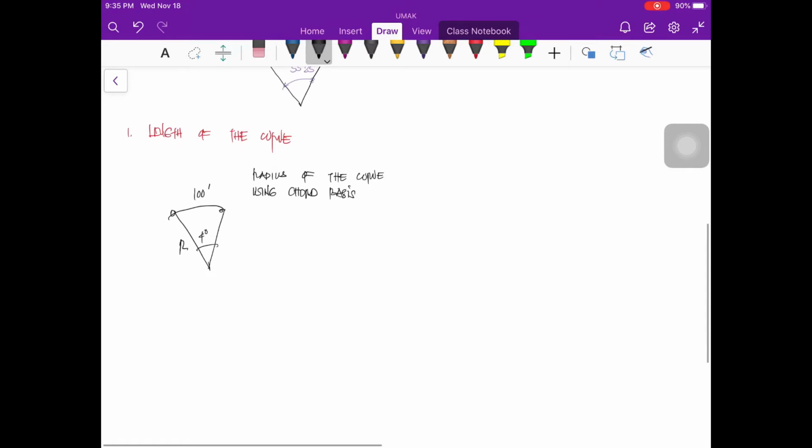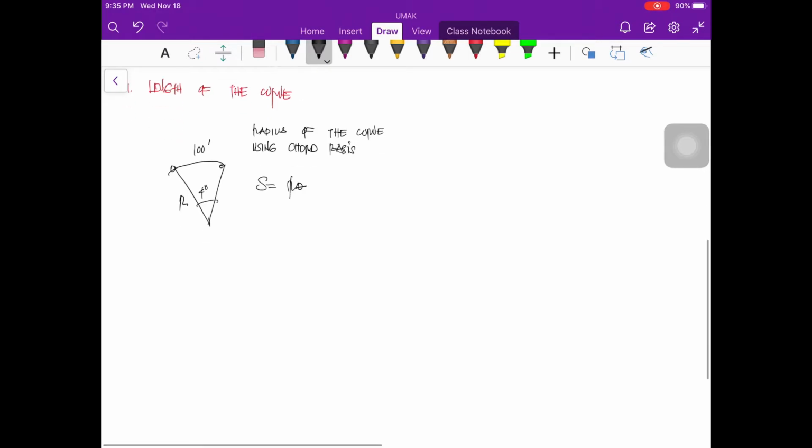You follow the standard formula for the length of the arc. S is the length of the arc, R is the radius, and theta is the angle between these two lines. So S equals R theta, and S will be 100 feet. R is unknown, and you have a degree of curve of 4 degrees, but you need to convert 4 degrees into radian before you multiply it by the R.